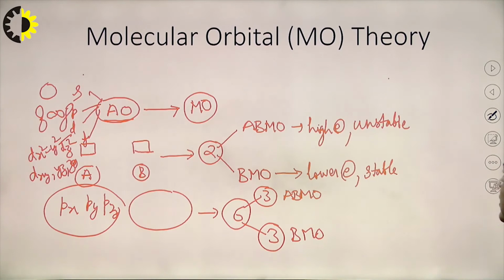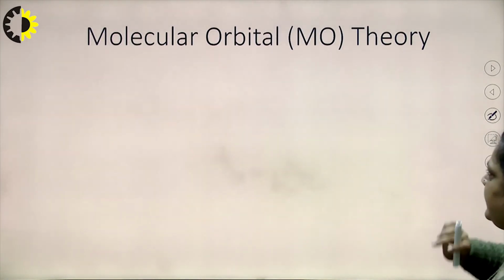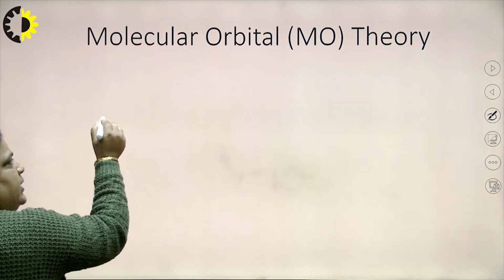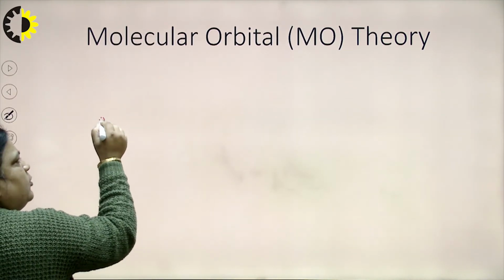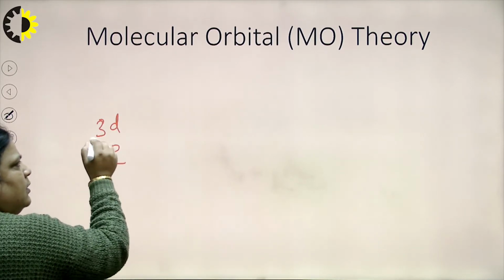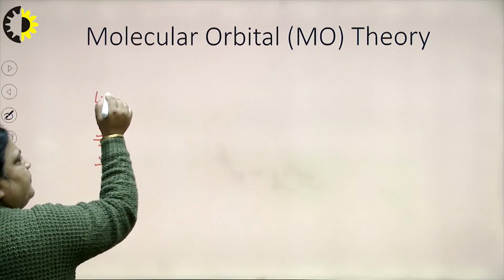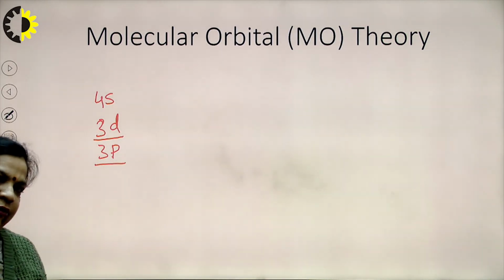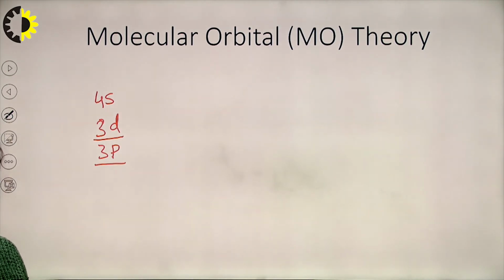Suppose in case of 3d, 3p, or 4s, we have to find in which orbital the electron first enters, because as per the Aufbau principle, when electrons start to fill, there must be an increasing order of energy.